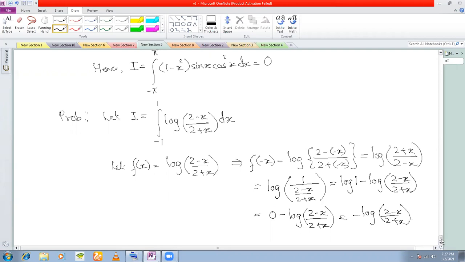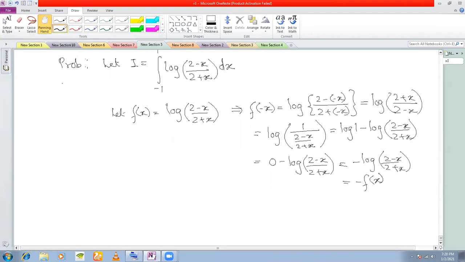So what are we getting? We are getting back f(x), but with a negative sign. So that means this is minus of f(x). So what does it show? f(x) is an odd function.